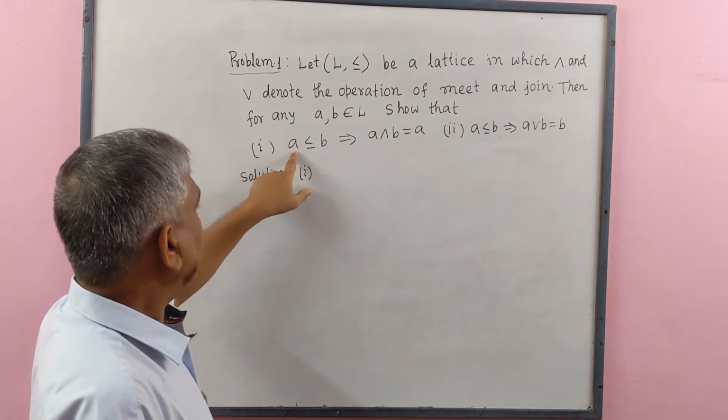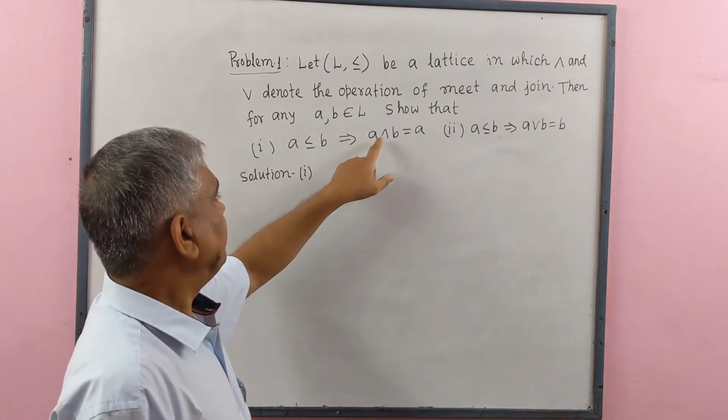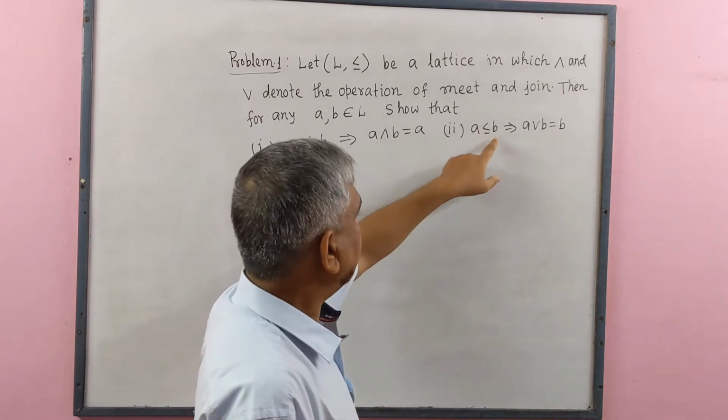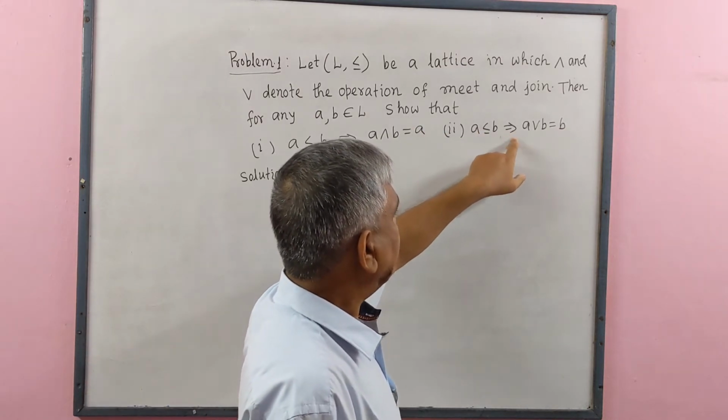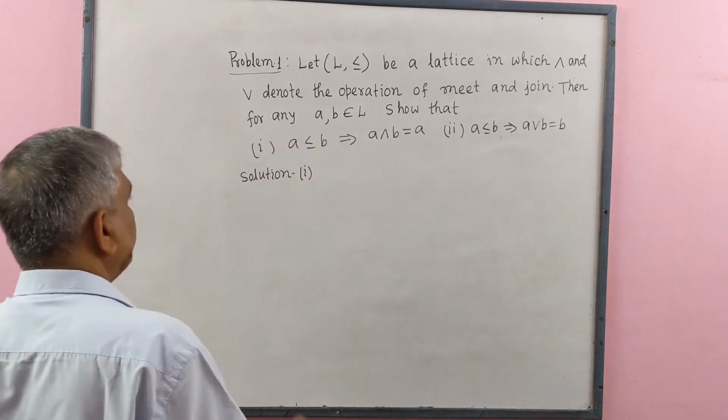Here A less than equal to B implies that A meet B equal to A, and number 2, A less than equal to B implies that A join B equal to B. Firstly, we prove number 1.